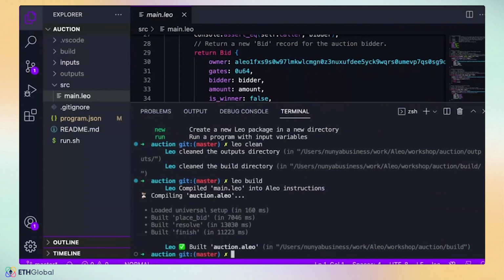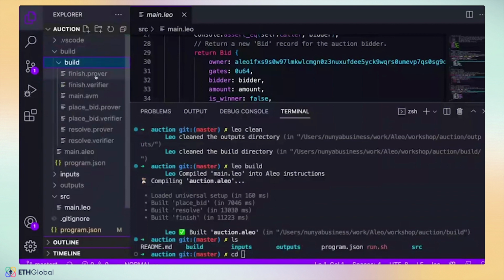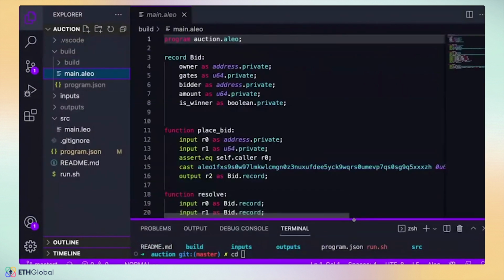an Aleo program. And what we have here is a directory, build. And in build, we have some provers, verifiers. So these relate to the mathematical representation of the program. We also have an Aleo instructions file. And this is Aleo instructions.